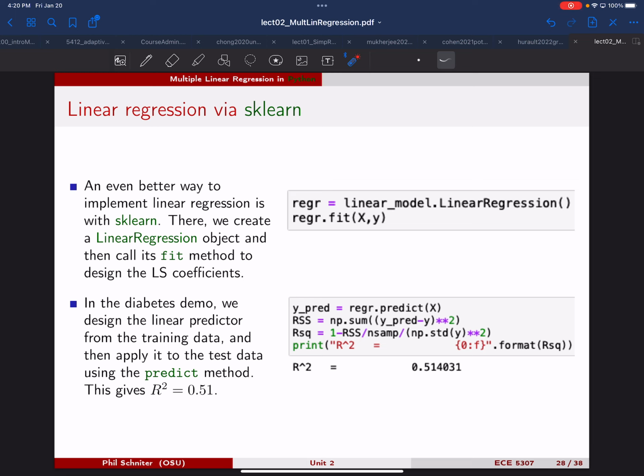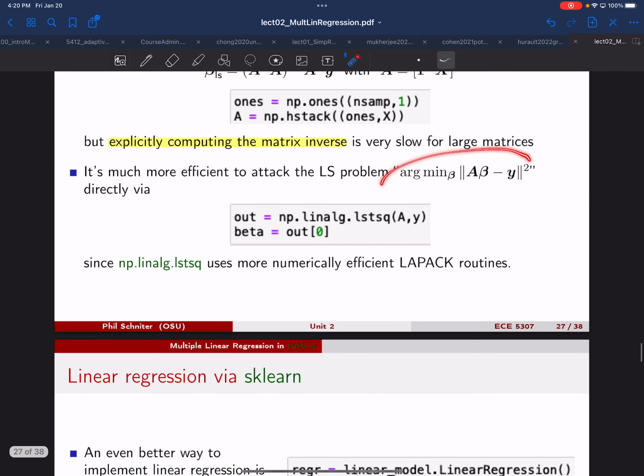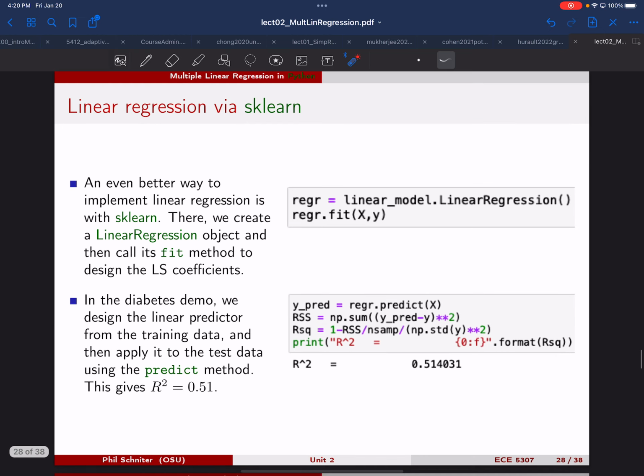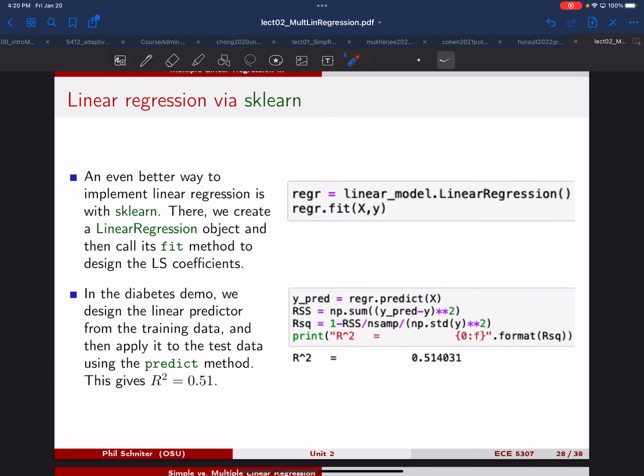So the first step after that is to give it the data and say fit. And when you run this command, it's going to essentially solve this least squares problem internally, store the beta coefficients internally, and not really report anything more than that. If you want to get access to the beta coefficients, you can do this using another extension.